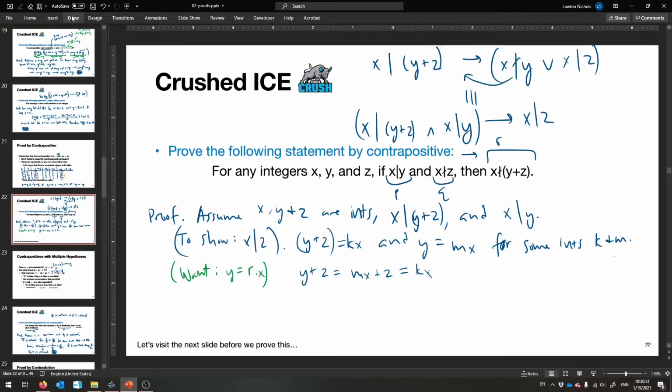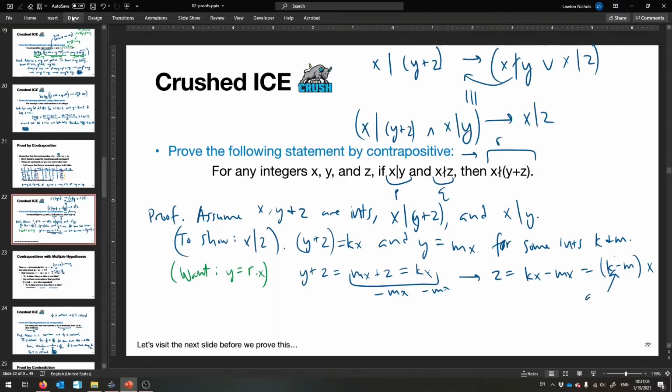And oh man, are we in a good spot now, because I can subtract mx from both sides to get z equals kx minus mx. And I can take an x out, of course, equals x times k minus m. Let's put it on the other side, because for reasons. So here's the x over here, k minus m.